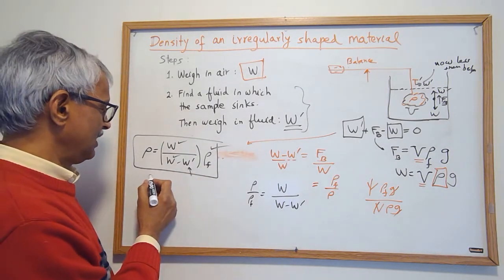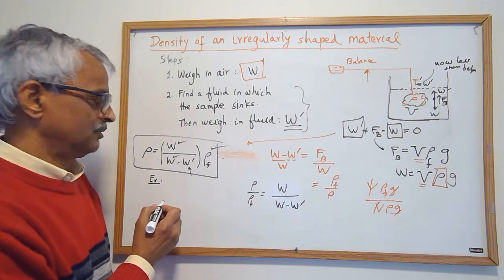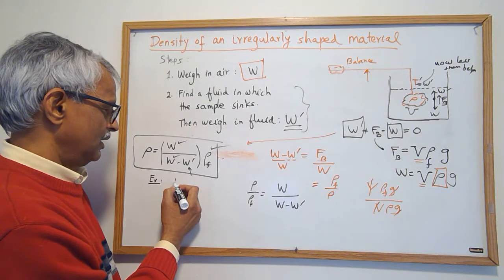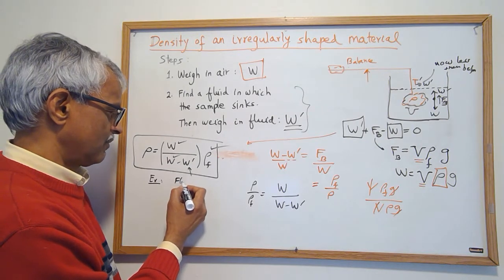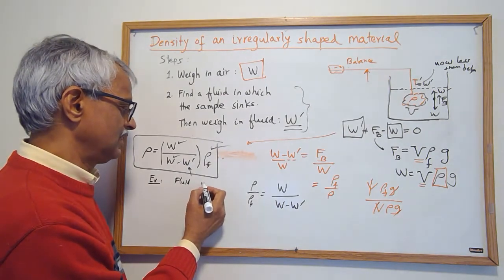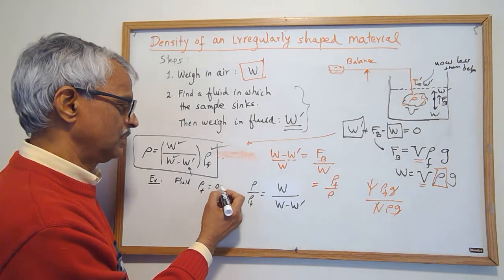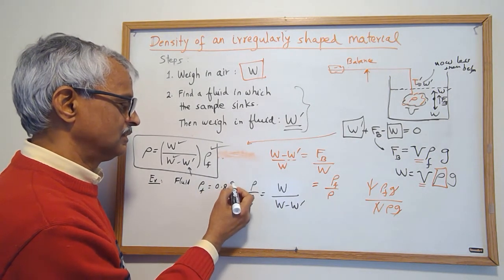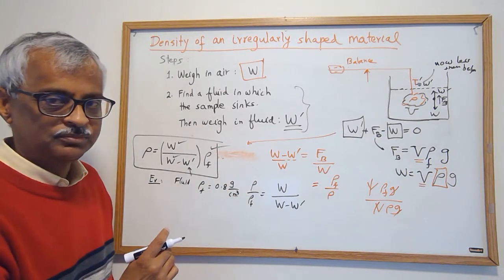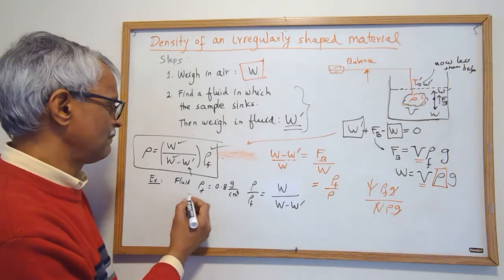So say I have an example. Suppose the fluid is, say, alcohol of density 0.8 gram per centimeter cube. Suppose I have something like that.